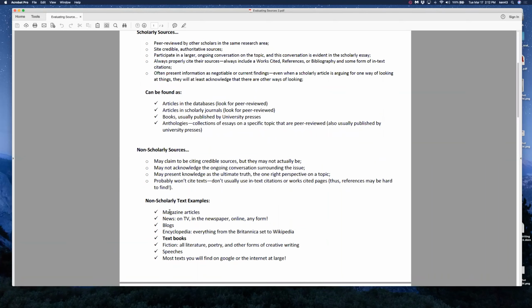So non-scholarly articles or texts include magazine articles, news articles, blogs, encyclopedias, textbooks, fiction, speeches, almost everything that we engage with as a text in the public realm is non-scholarly.